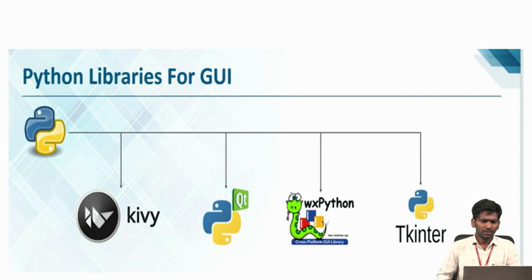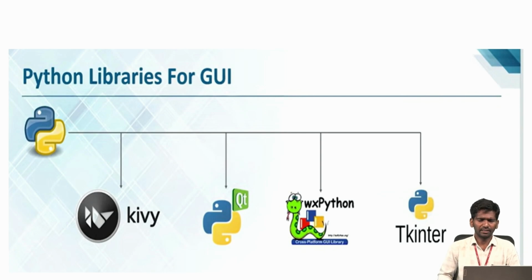Next, Python Qt. Python Qt is also one of the GUI implementation options, for game development. So wxPython and Python Qt are used for game development. Using Python you can develop games also, right? Chess, Ludo, all those games can be implemented using Python. So that is possible with these two libraries.